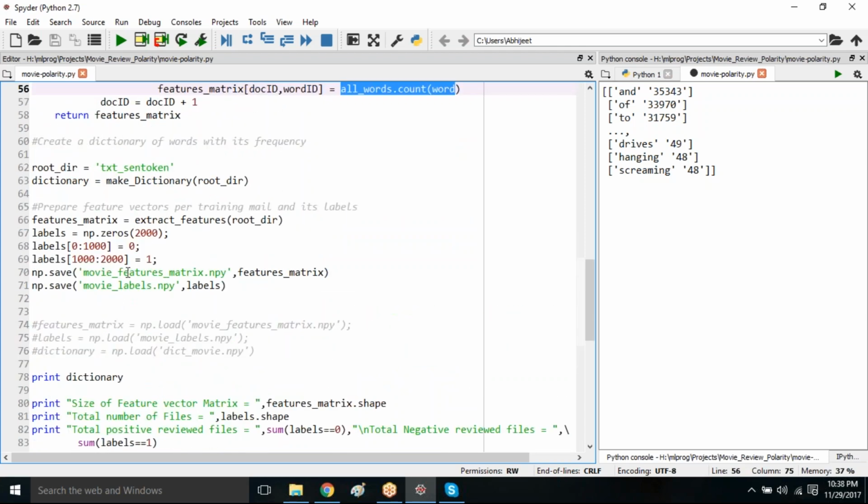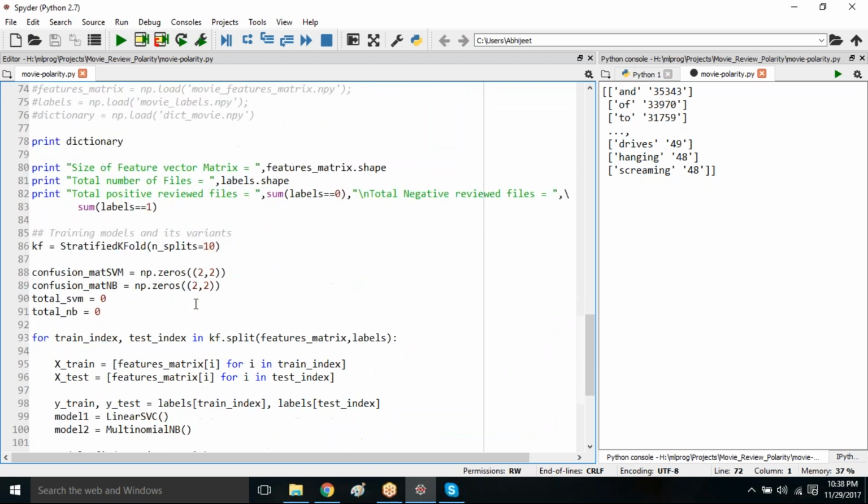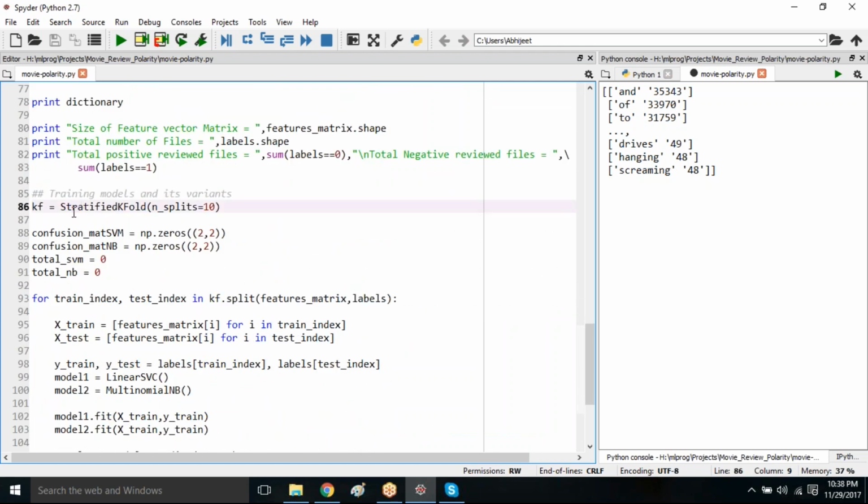Now, once you extract the features, you also have the labels. So 0 to 1000 it's 0, positive maybe, and 1000 to 2000 it's 1, negative, right? Once you have done this, you will directly come to stratified K-fold.